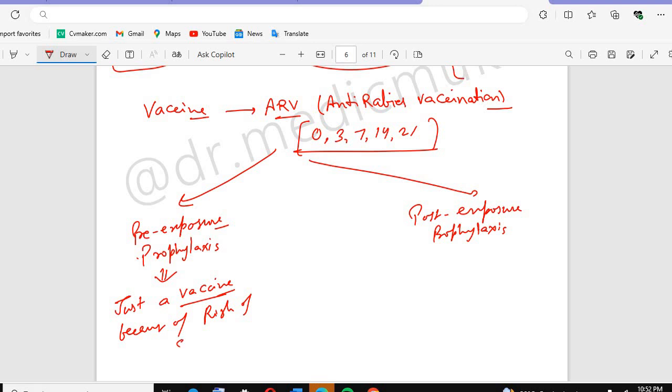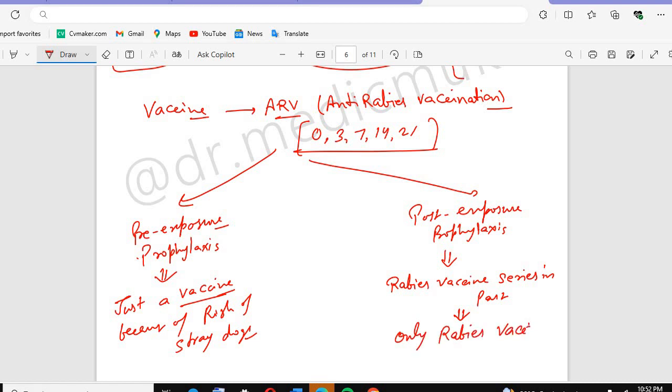Then for post-exposure prophylaxis, we will do the rabies vaccine series. For example, if we already took the pre-exposure prophylaxis before, then in that condition we will give only the rabies vaccine, or the ARV.